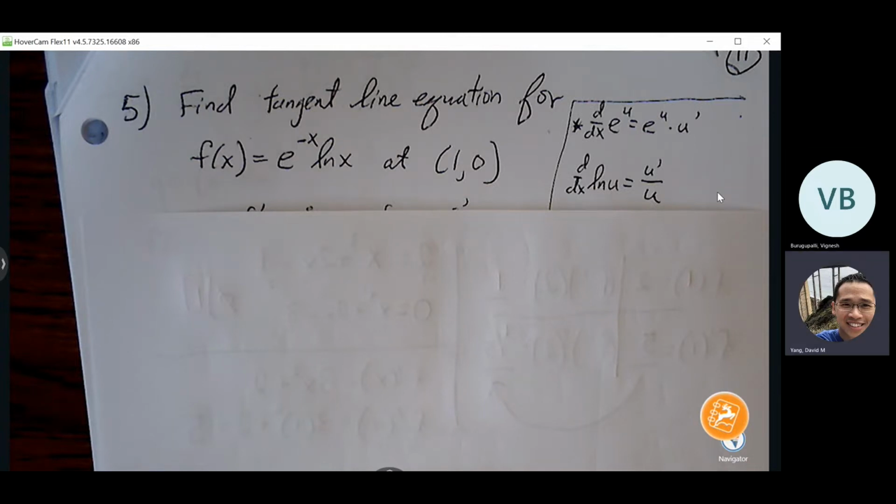Now, if it was e to the negative x plus natural log of x, then we can take the derivative of them separately and there's no problem. But the fact that they're being multiplied, we have to do product rule.